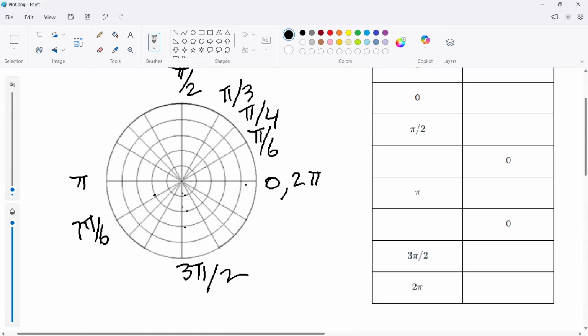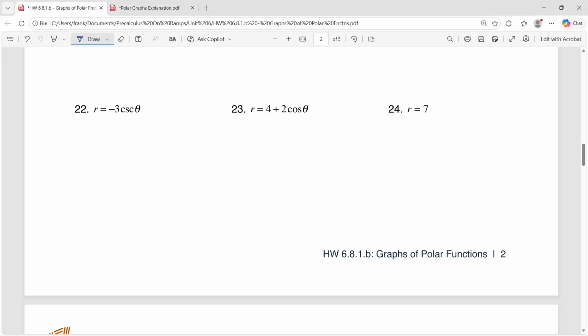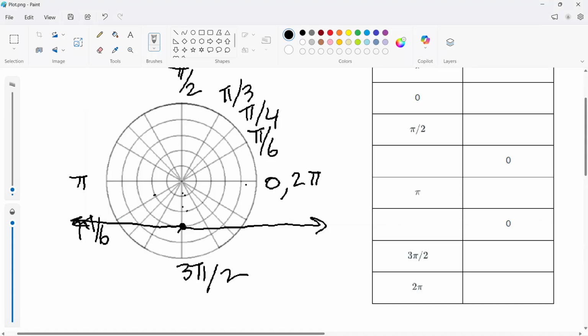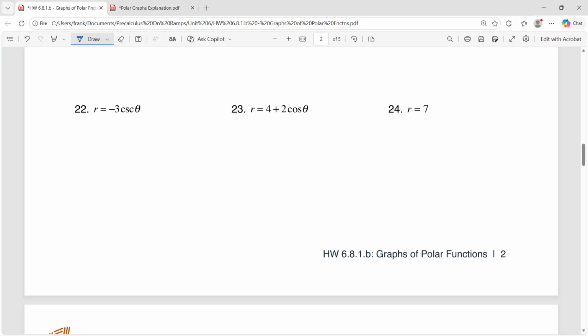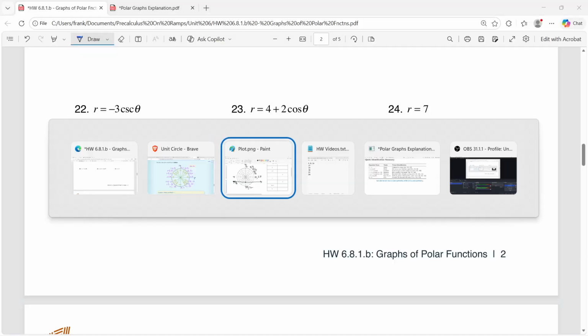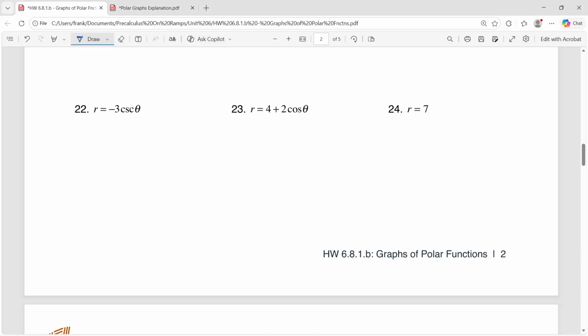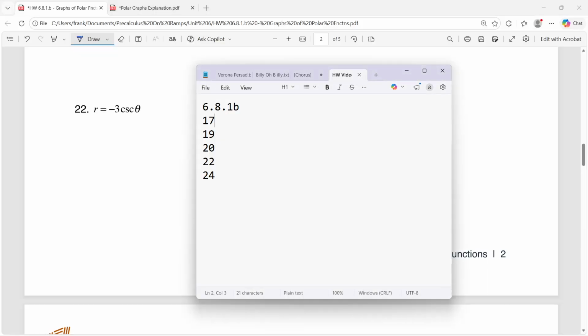I go 1, 2, 3, like this, and it's just going to be, as well as I can make it, a straight line. And if it was positive something cosecant, it would be above the horizontal. If it's secant, it would be to the right. If it was negative something secant, it would be a vertical line to the left. Okay, so that's number 22.